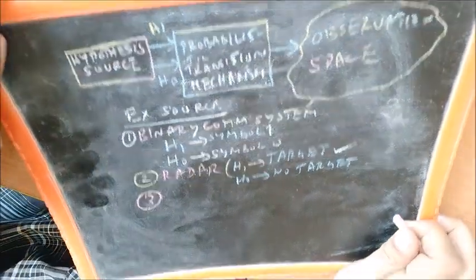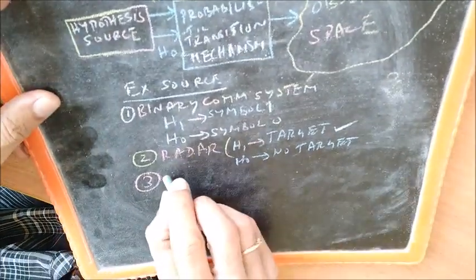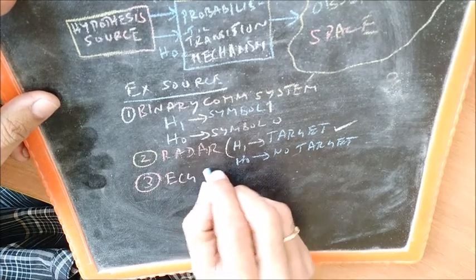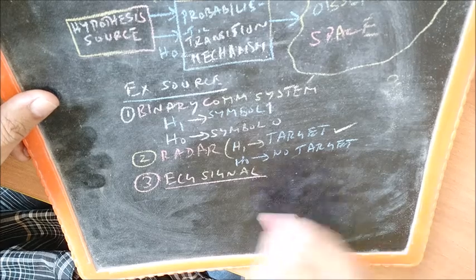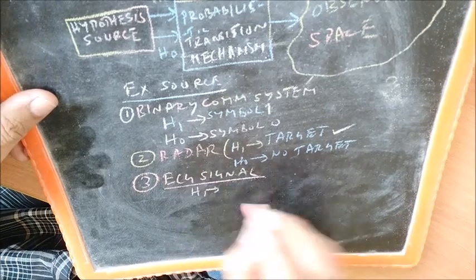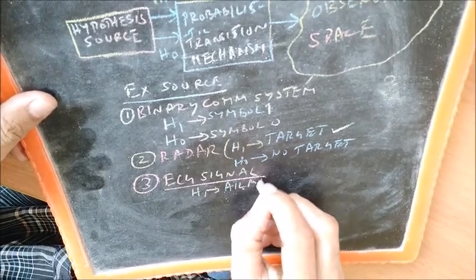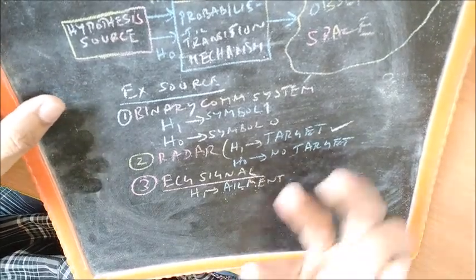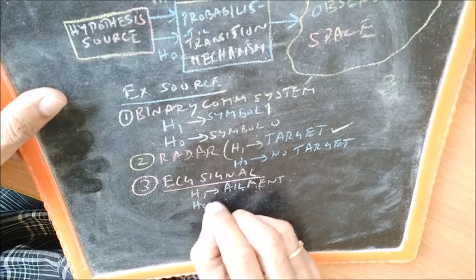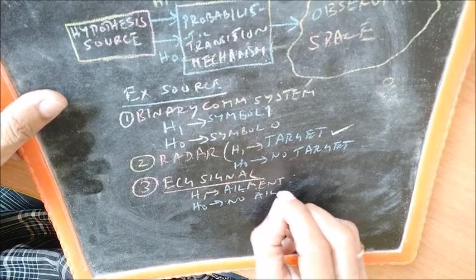Another possible example is that of an ECG signal. H1 means there is some ailment in the subject of whom we have the ECG signal. H0 means no ailment.